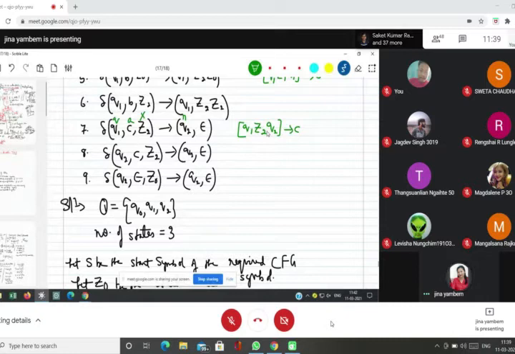For this case also, this has to be QAXR, so this will be Q2 Z2 Q2 replaceable by C. And for this one also, QAXR, so this is equivalent to Q2 Z0 Q2 replaceable by epsilon.